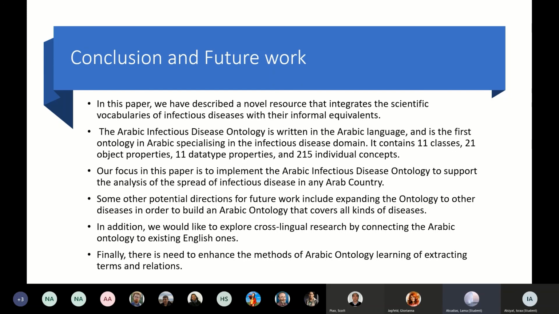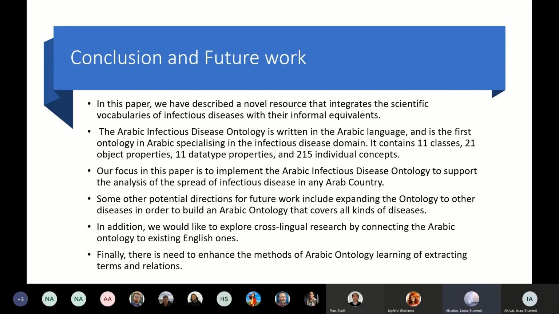It contains 11 classes, 21 object properties, 11 data type properties, and 215 individual concepts. Our focus in this paper is to implement the Arabic infectious diseases ontology to support the analysis of the spread of infectious diseases in Arab countries.